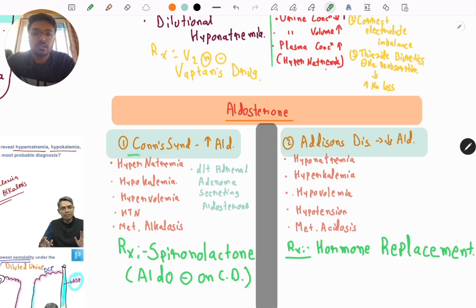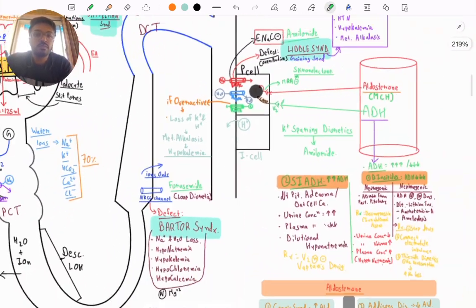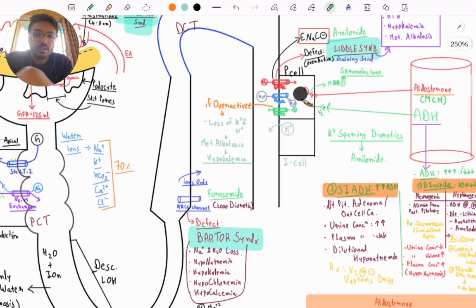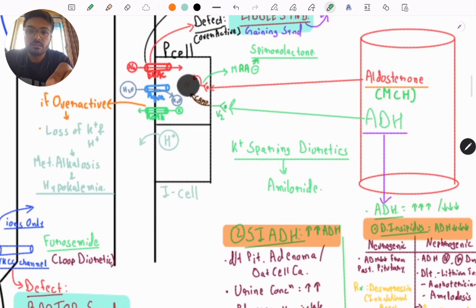In Conn syndrome, where aldosterone is too high in concentration, it's going to take more and more sodium in. As you can see here, through the aldosterone function from this mineralocorticoid receptor, it will take more sodium in and more water in, and it will lead to more potassium getting excreted and more hydrogen also getting excreted.